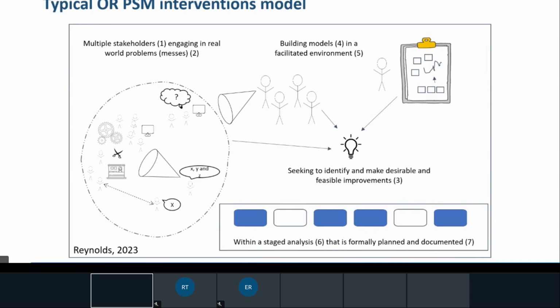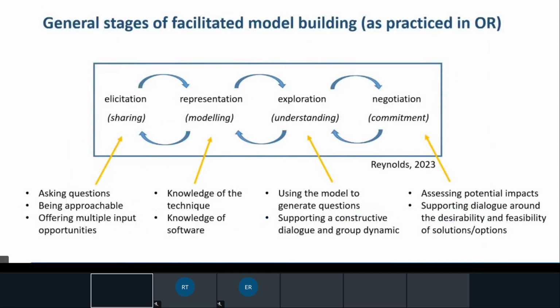The piece that I've missed out there is this idea of building models in a facilitated environment. And this is where the live building of the model is important. And another model diagram that I produced during the course of my research was looking at the general stages. So when we work as a facilitator using PSMs, we are trying to elicit information from people.